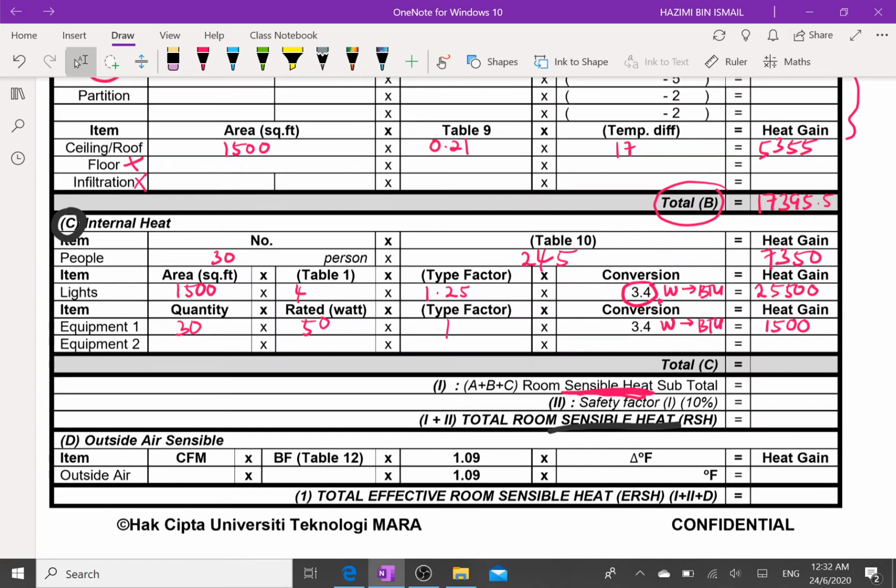In the end, we have to calculate all three values for the people, lights, and equipment. Okay, 7350 plus 25,500 plus 1,500. The summation is 34350.